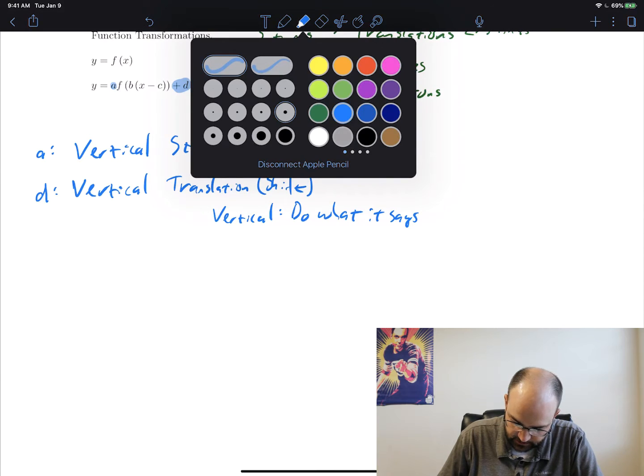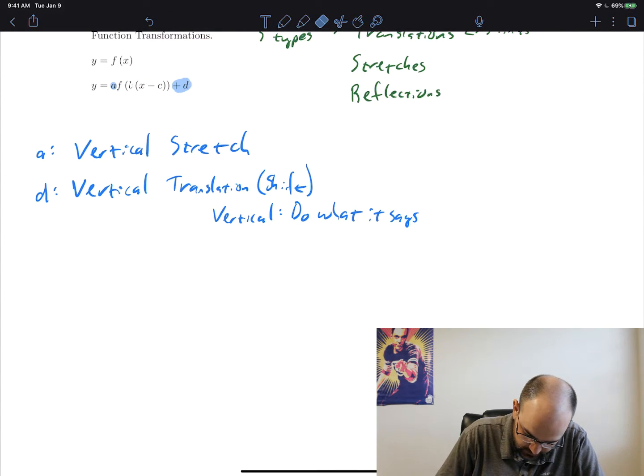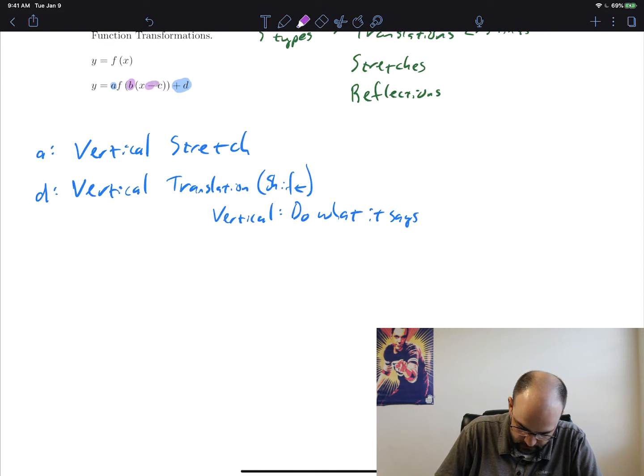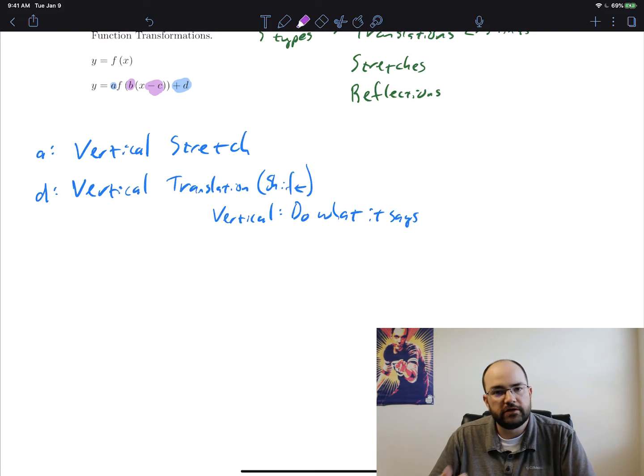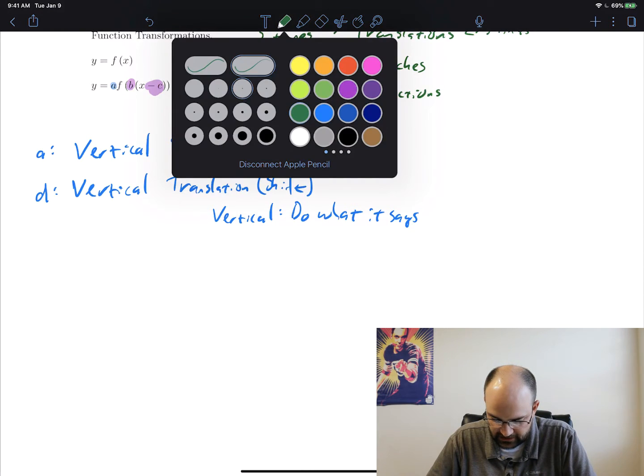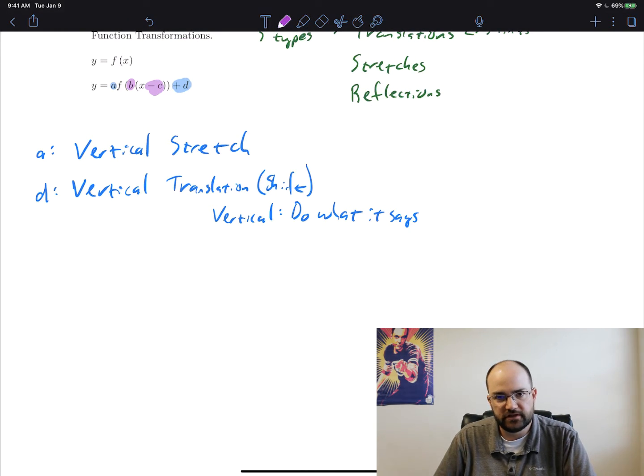Next, let's talk about these two. Now, those are inside of the function. So the inside, that makes that horizontal. It's directly associating with the x.